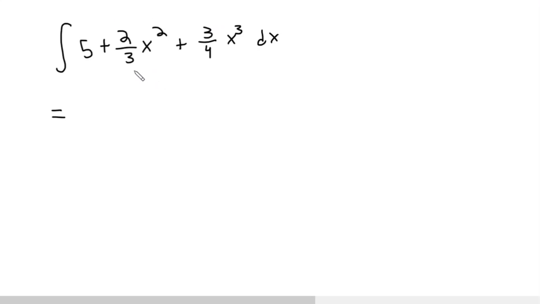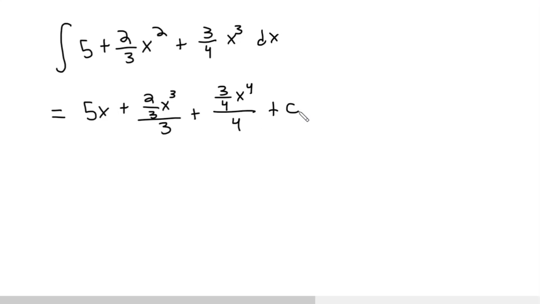So again, because integrals work between addition and subtraction. So the integral of 5, well, that just becomes a 5x, right? So plus 2/3 x squared, well, that's 2/3 x cubed, or sorry, we add 1 to the exponent, and then we divide by 3, plus 3/4 x to the 4th, and then we divide by 4, right?